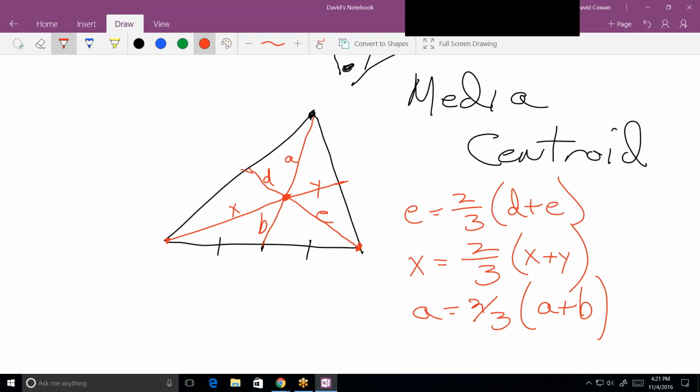And it's always going to be balancing stuff, but it's not always triangles. In other words, I could have a shape like this, and that shape has some place in there where if I tried balancing this shape on top of a pencil, it would be the perfect balance point.